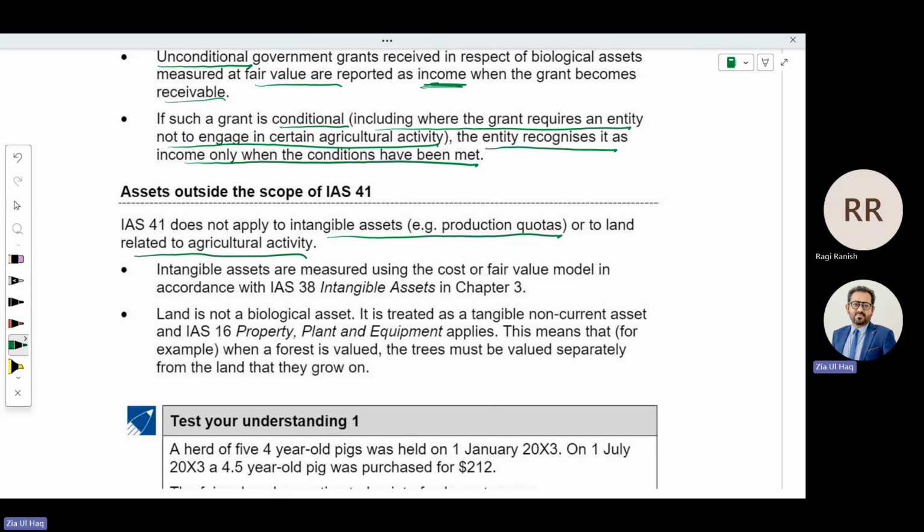That will be treated as property, plant and equipment under IAS 16. So you are having plants on a land, but that land will be treated as IAS 16 property, plant and equipment. The animals, the plants, the trees, their produce will be treated as agricultural assets.